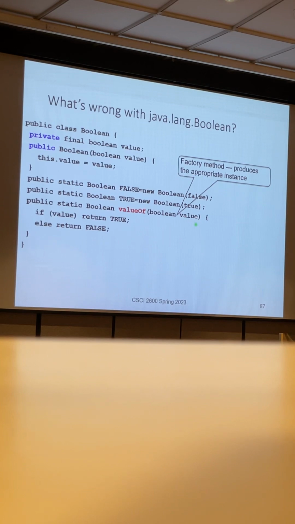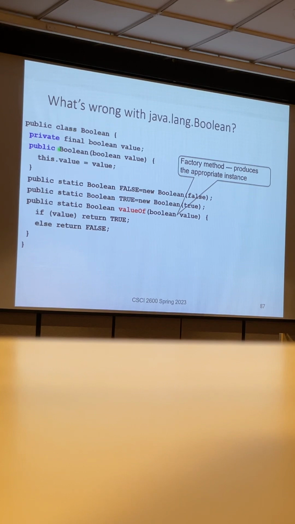It's actually broken because they forgot to replace this public with private. So they left the constructor accessible, which defies the whole purpose, which kind of kills the entire pattern. Right? So anyone can do new Boolean and create a new object for true and false. So they failed to implement interning. Right? That was like a big oops.